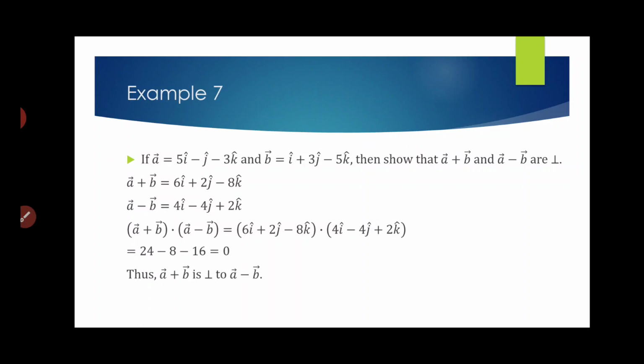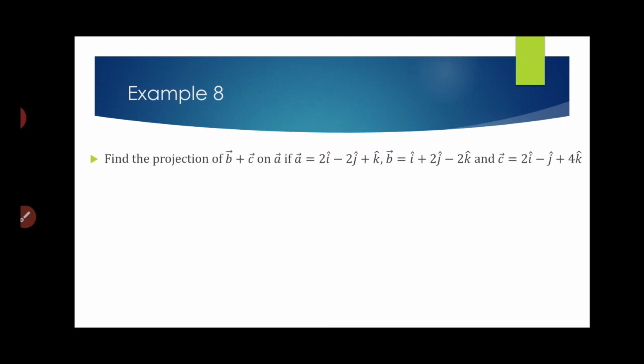Number 8. Find the projection of the vector b plus c on A, and the vectors are given. So remember, projection of b plus c on A means b plus c dot A cap. Now first let us find b plus c. So once we have found b plus c, let me find A cap.